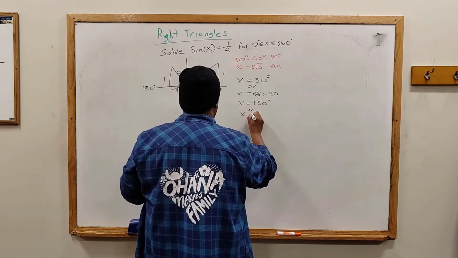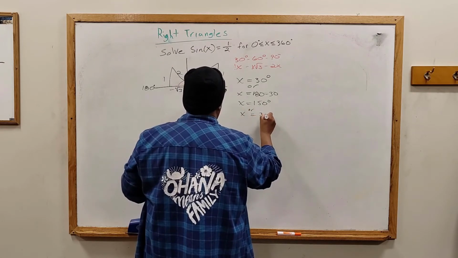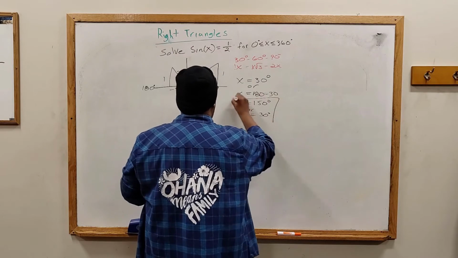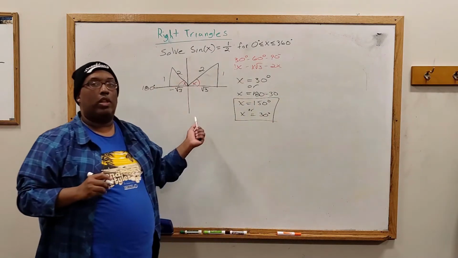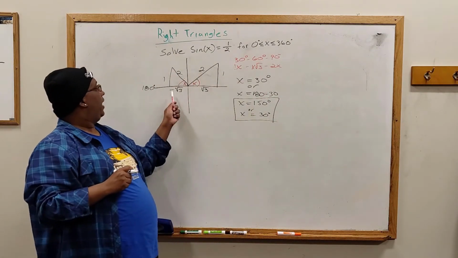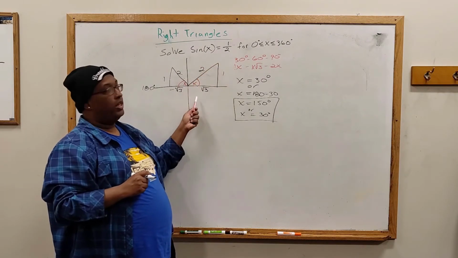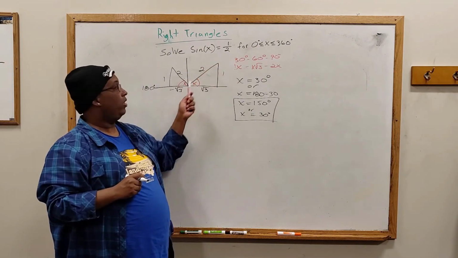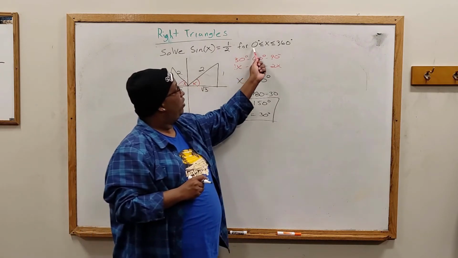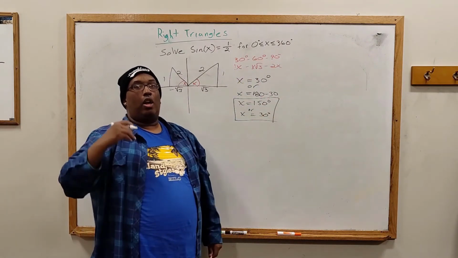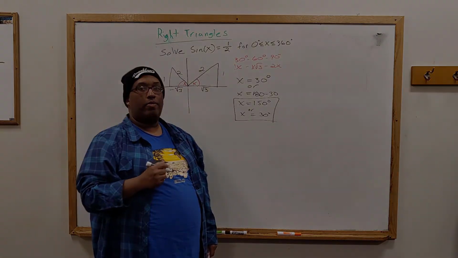Or, as we said earlier, x equals 30 degrees. This is done. We can't have it down here because we have a positive sine. Down here sine is negative, down here sine is negative. So these are the only possibilities between 0 and 360. I'll be back with another example.